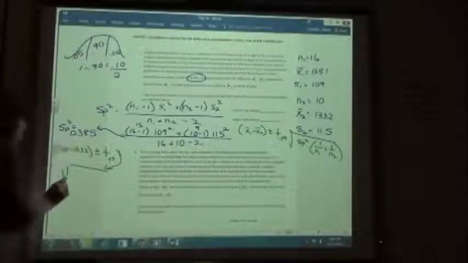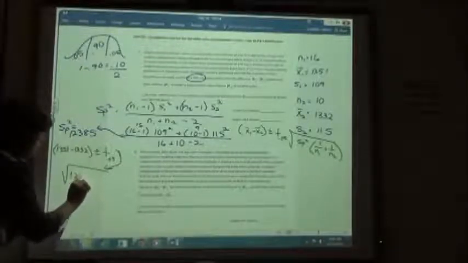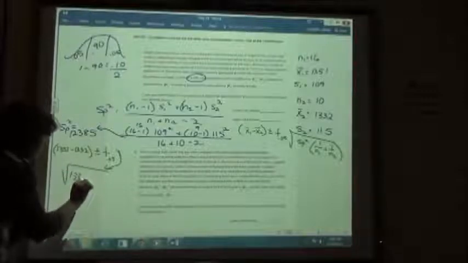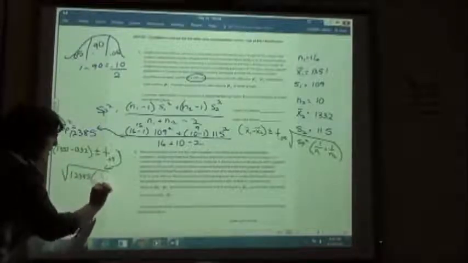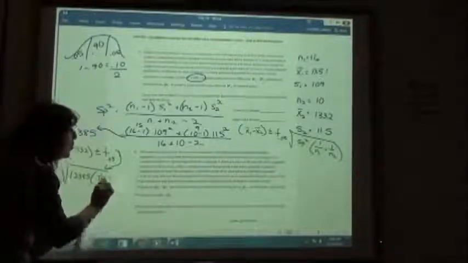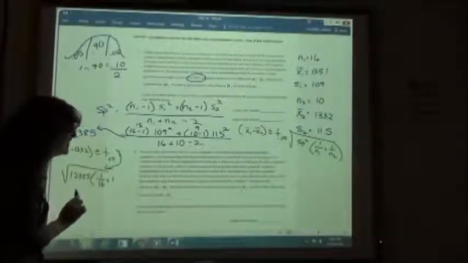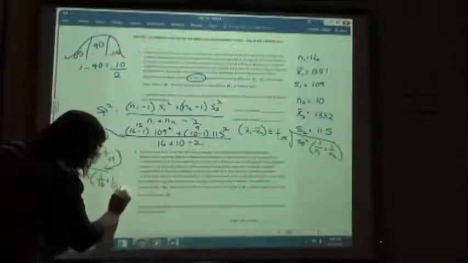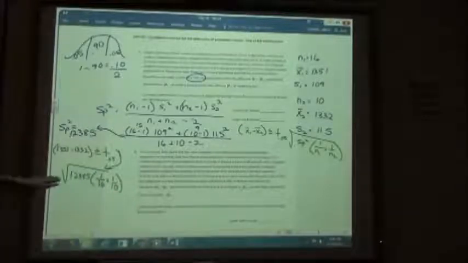My square root under there, I'm going to have the 12,385 times 1 over N1, which was 16, plus 1 over N2, which is 10. So this part should go right behind your T, like we did on our other confidence interval.